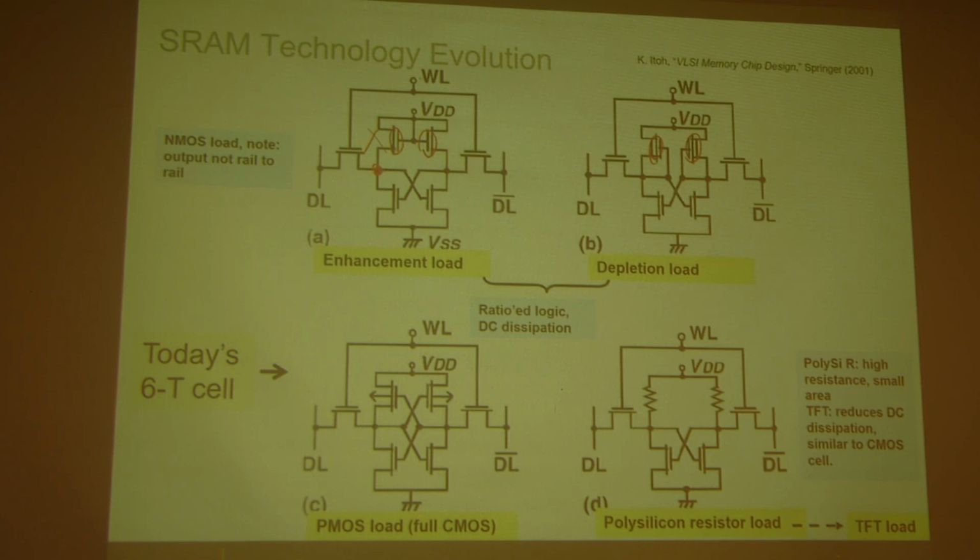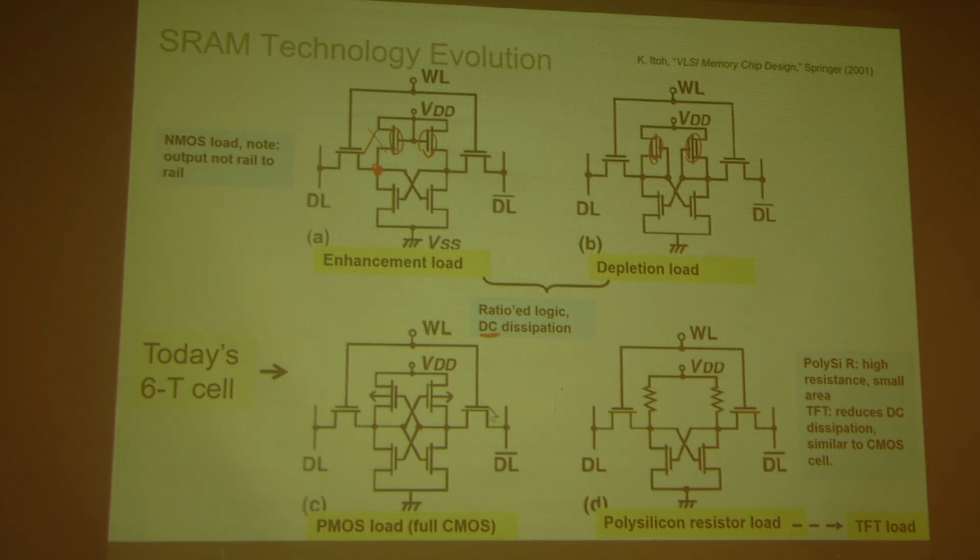But if it's pure NMOS, you can only get a voltage somewhere in between VDD and ground. So this is not a full swing of the voltage range. And also you have static leakage, I think, static power dissipation in this design. So that's not good.